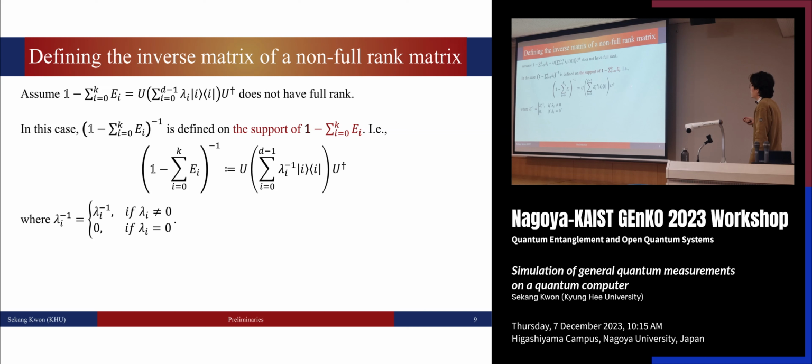That is, the inverse matrix is defined like this by using spectral decomposition. And you must note that lambda i inverse is substituted by 0 if lambda i is equal to 0. So by using this definition, we can resolve the issue, and this description is valid.